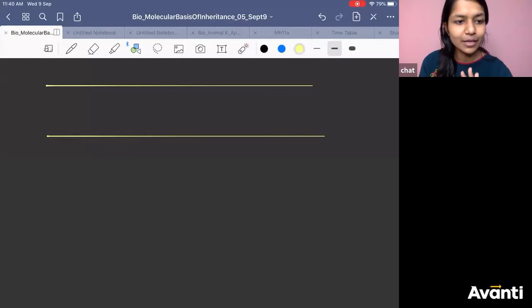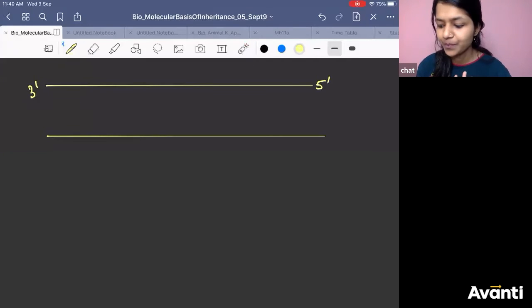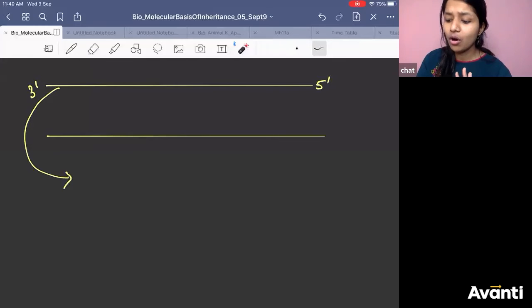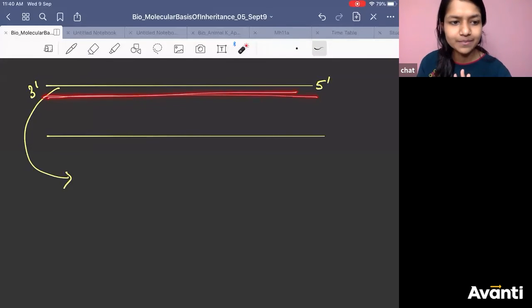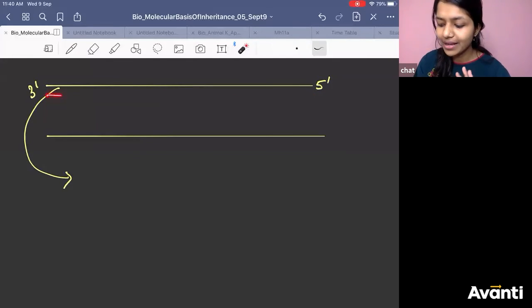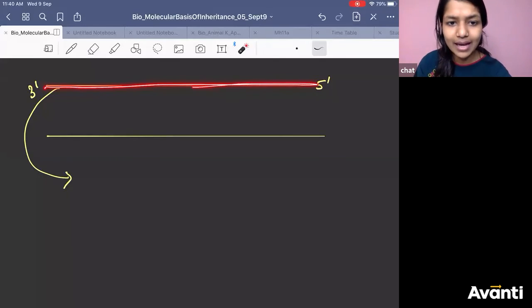Now you know that 3 prime to 5 prime is the template. Now, will all of it make RNA? From here to here, all the DNA will make RNA? No. All of it will not make RNA.